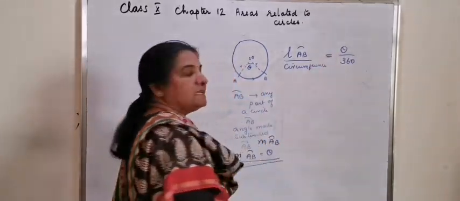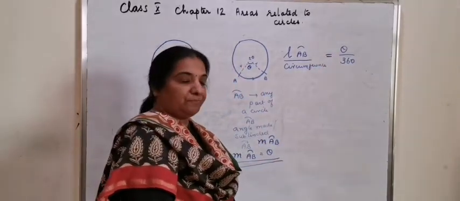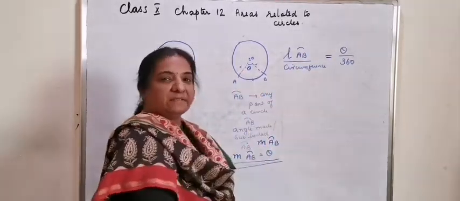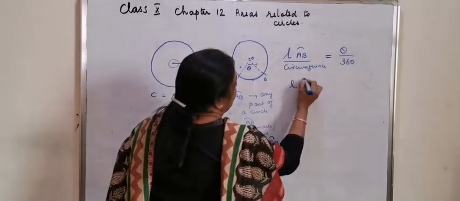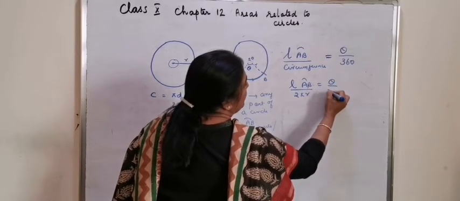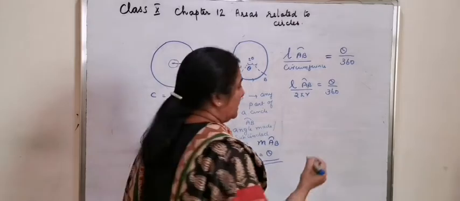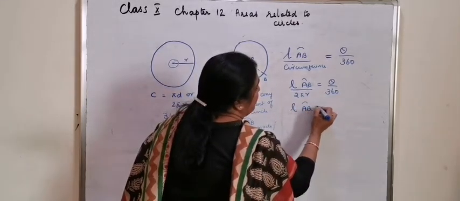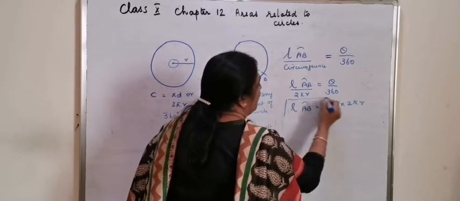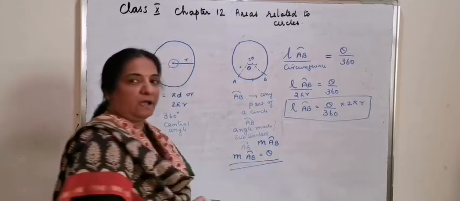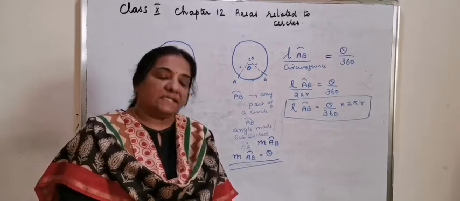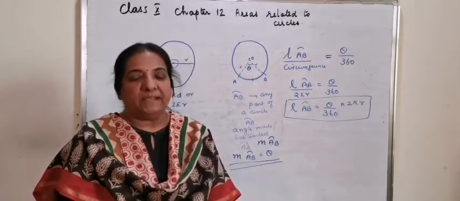Thus, if you take these two quantities as ratio, length of an arc by circumference is equal to theta degree by 360 degree, or the length of an arc by circumference 2 pi r is equal to theta by 360. Length of an arc can be calculated by the formula theta by 360 into 2 pi r. If an arc of a circle is given to you, length of an arc is calculated by the formula theta by 360 into 2 pi r.